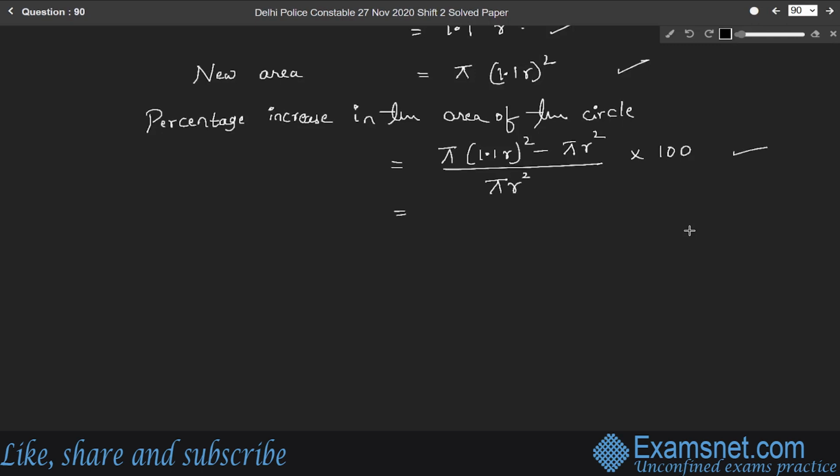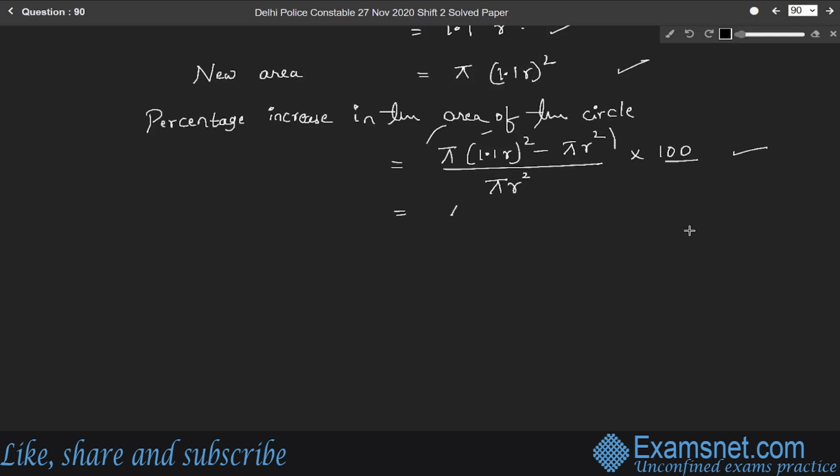So this means the percentage increase in the area of the circle. Right? What is the increase in the area of the circle? The new area minus the original area gives the change in the area, divided by pi r square, the initial area, into 100.